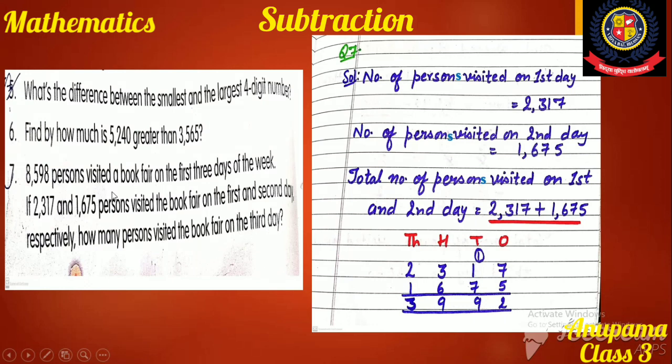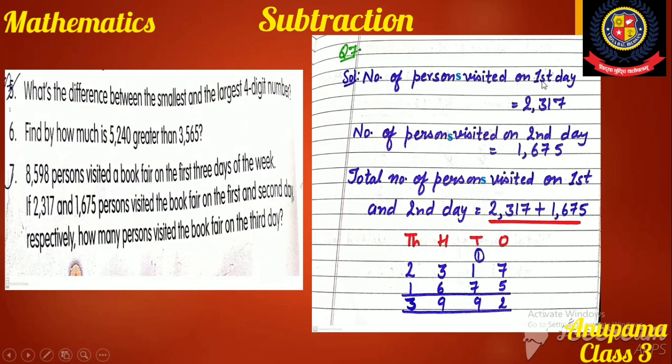So information given are 8,598 persons visited a book fair on the first 3 days of the week, and 2,317 and 1,675 persons visited the book fair on the first and second day. So solution is, firstly we will write number of persons visited on first day.